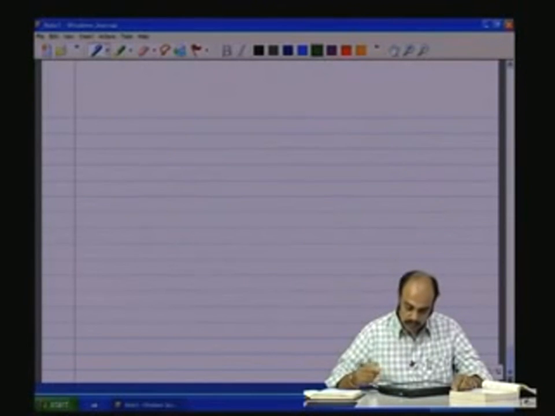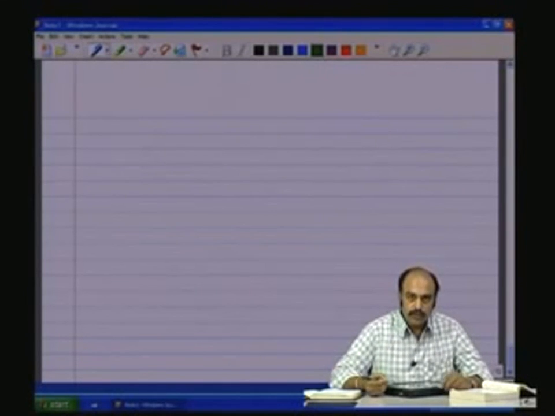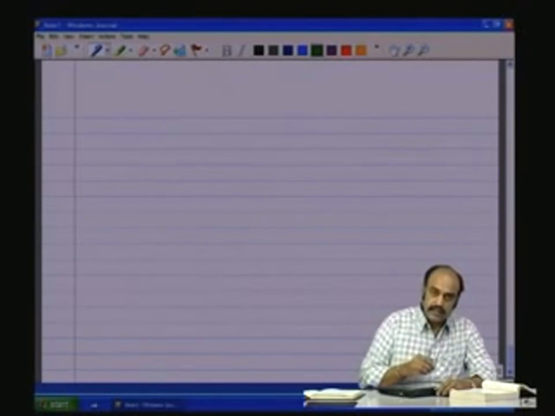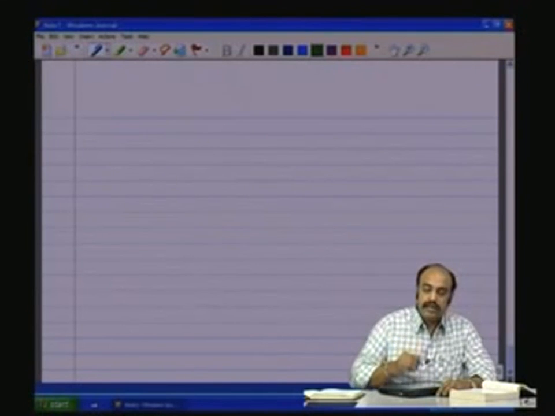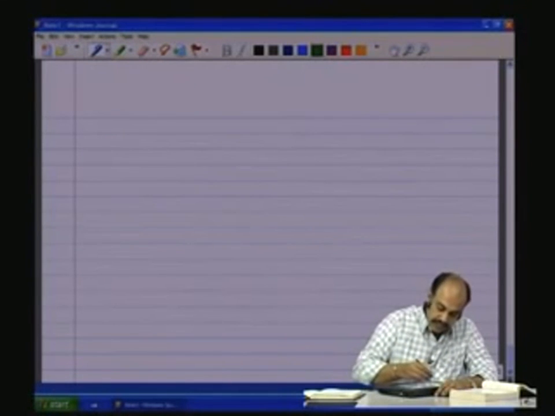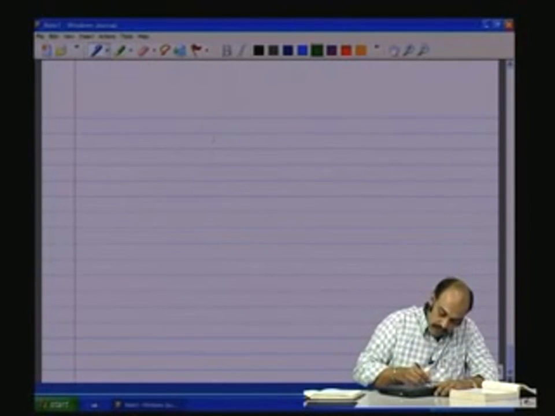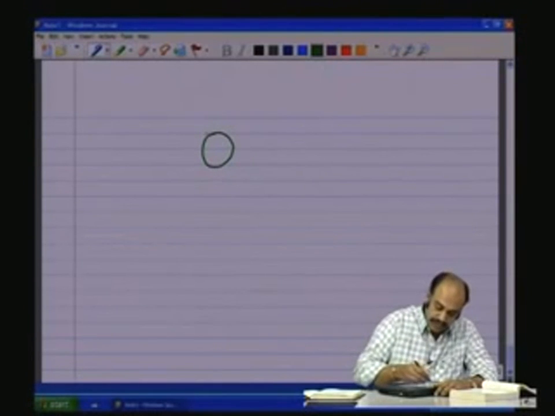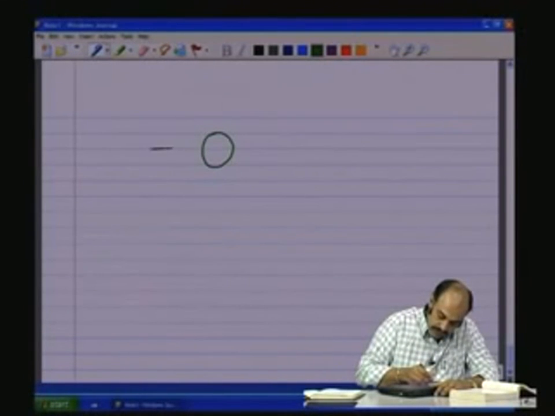Now, there is one final topic that we need to cover, and that is the dynamic model of the DC generator. So, we saw that in the case of the DC machine, we have the shaft, which is of course linked to some prime mover.